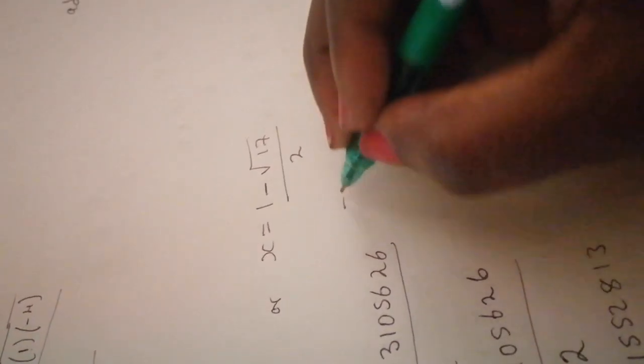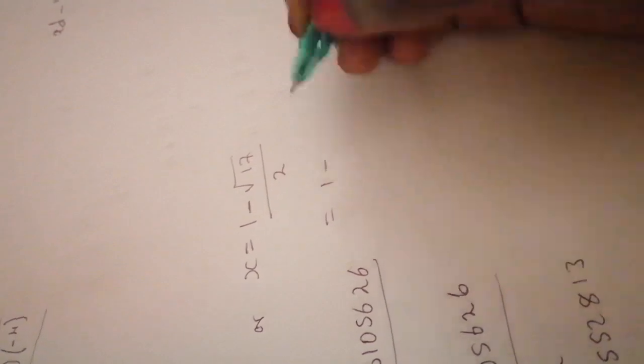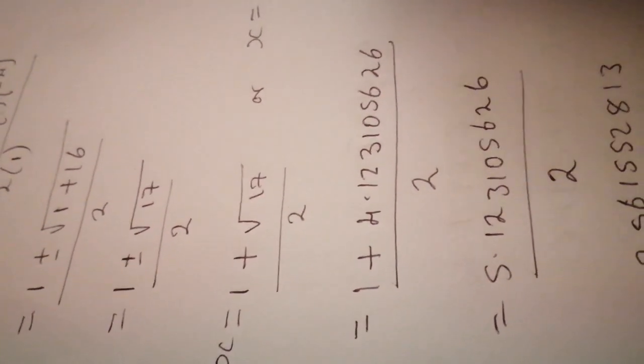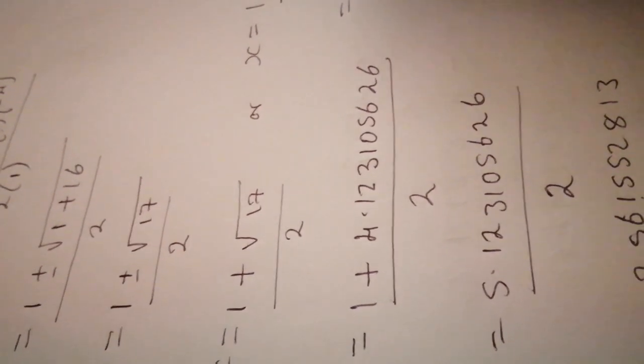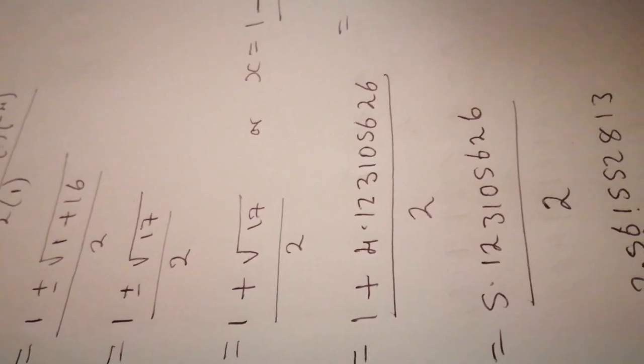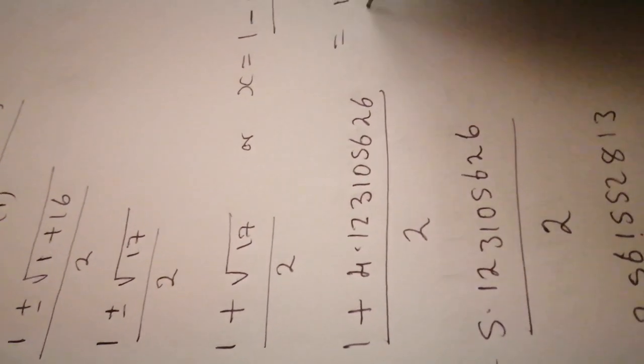Or when we subtract, we're going to have 1 minus square root of 17, which is 4.123105626, everything divided by 2.